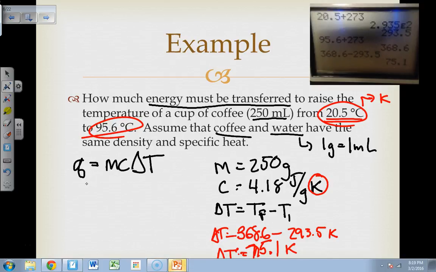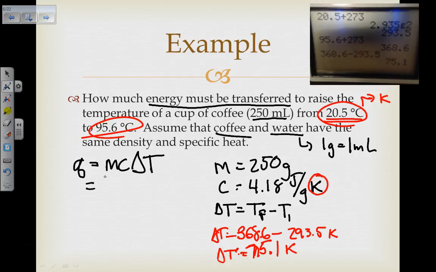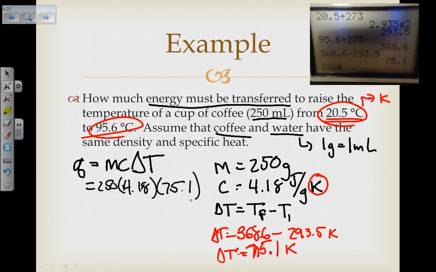So now it just becomes a plug and chug. What's the mass? 250 times 4.18 times 75.1.